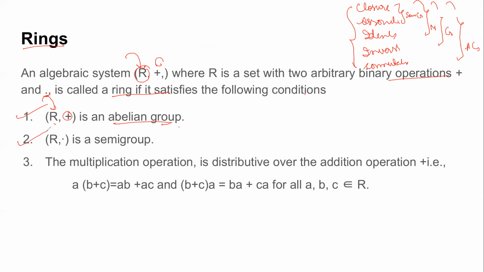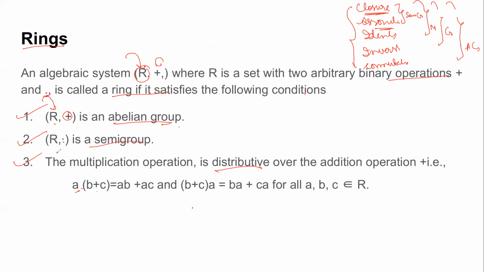If you consider R with the multiplication operation, it should only be a semi group. It should just satisfy closure and associative property. The third and last property is that it should be distributive: multiplication should be distributive over addition.